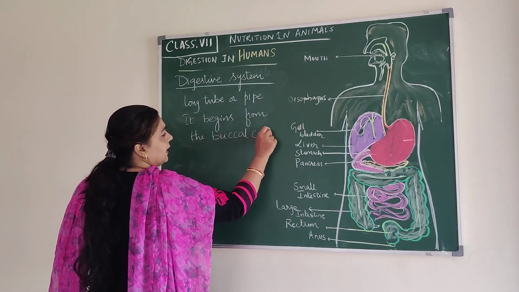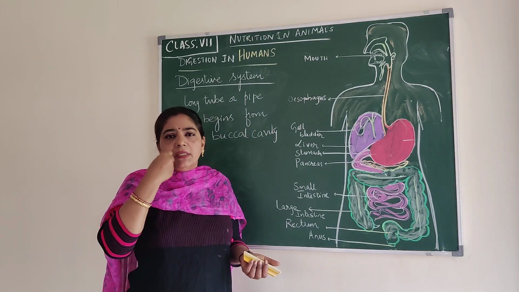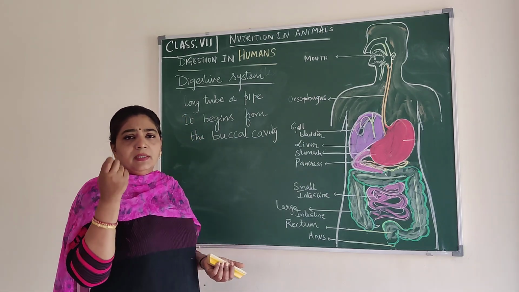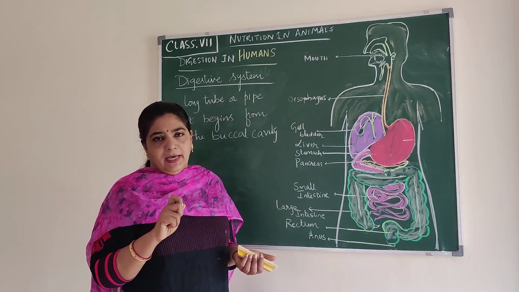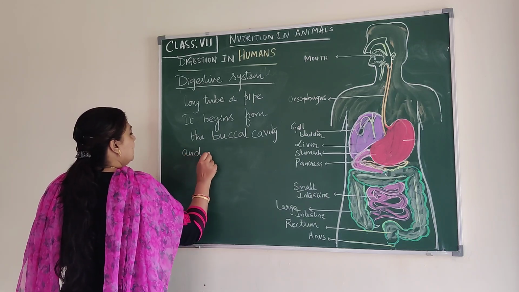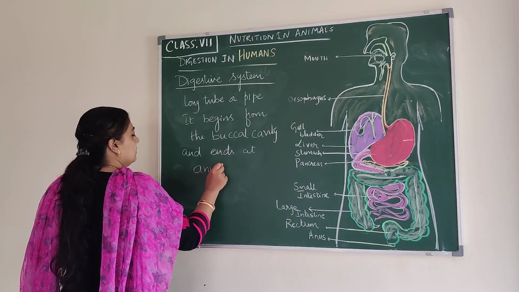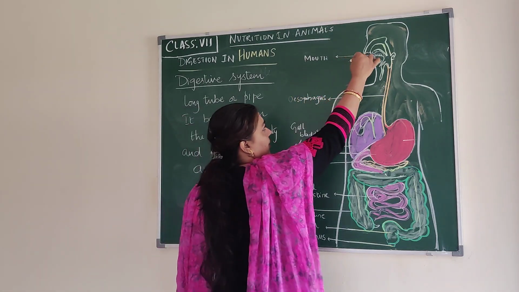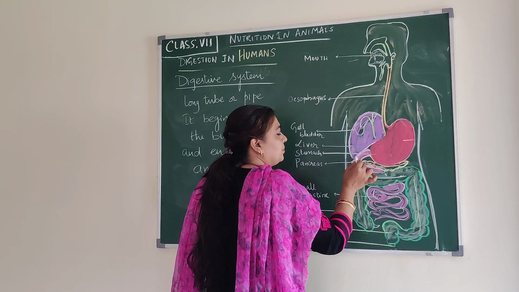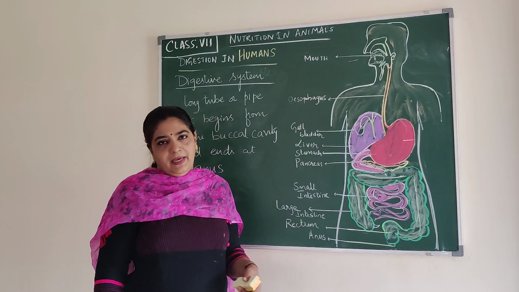So what is this buccal cavity? It is the opening, like when you open your mouth, you can see that is the buccal cavity, right? The mouth leads to the buccal cavity. So it begins from the buccal cavity and ends at the anus. The mouth leads to the buccal cavity, then it passes through all these structures and ends at the structure called the anus.